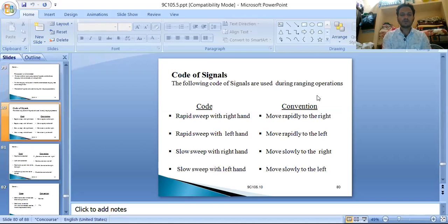We have different code signals. Rapid sweep with the right hand indicates move rapidly to the right. Rapid sweep with the left hand indicates move rapidly to the left. Slow sweep with the right hand indicates move slowly to the right. Slow sweep with the left hand indicates move slowly to the left.